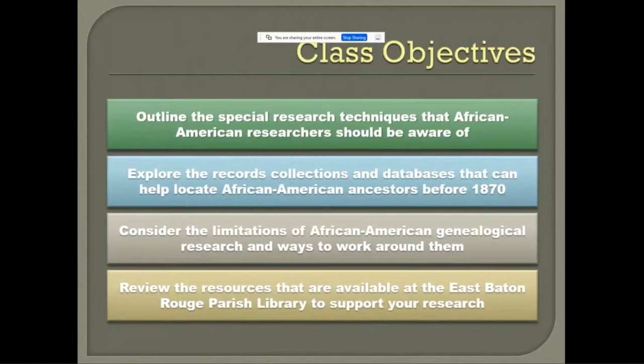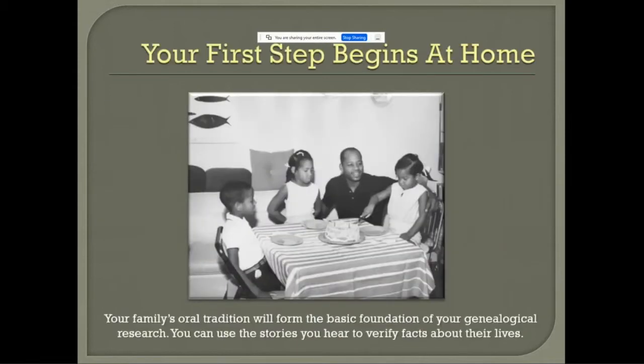We're going to talk mostly about the record collections and databases that can help locate African American ancestors before 1870, what's out there, what's available, what kind of information is available on these records, and how and where to find them. We're going to consider the limitations of African American genealogical research and ways to work around them, which is a lot of just good genealogy. And then we're going to talk at the same time about what's available here at the East Baton Rouge Parish Library, which goes with the second objective.